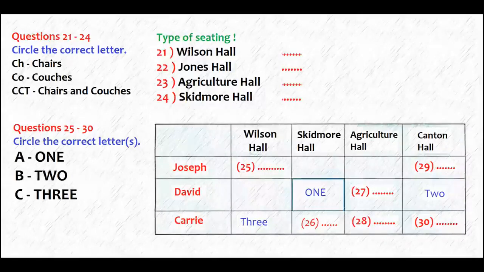In the first part of the discussion, they will be talking about lounges in different school buildings on campus. First look at questions 21 to 24. Now listen to the first part of the discussion and answer questions 21 to 24.